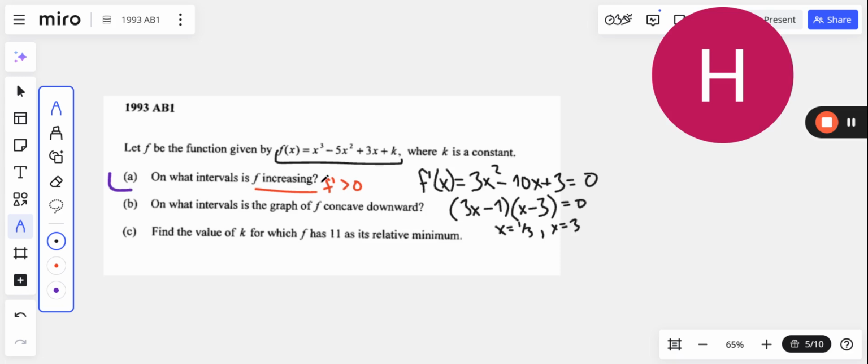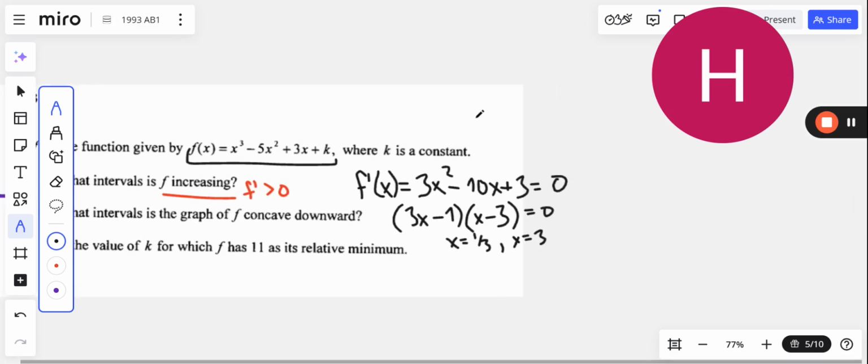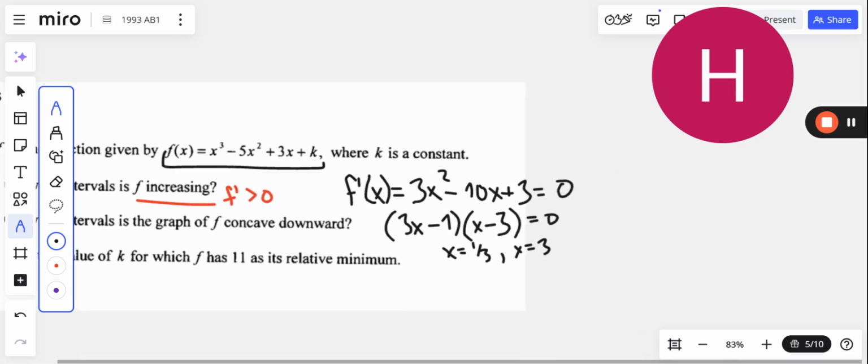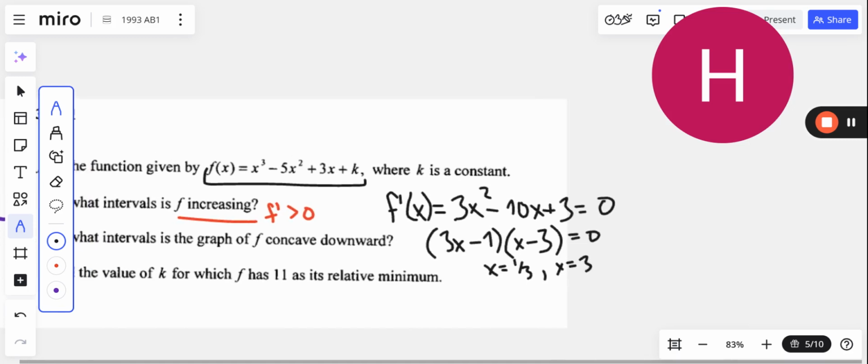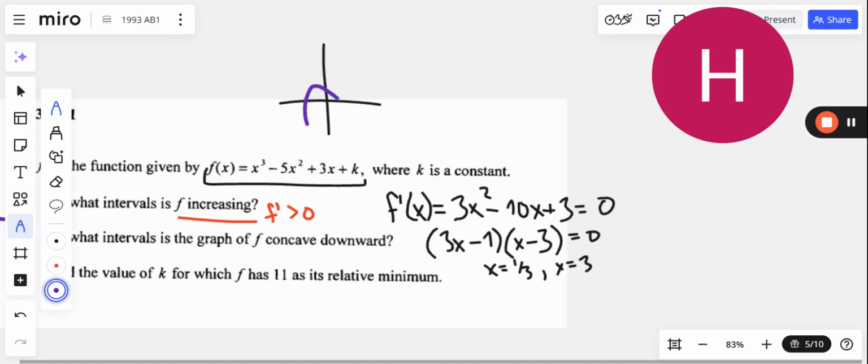However, how do we know when it's increasing? Well, we could use the chart. But it's even easier than the chart, because if you know what the cubic function looks like, it generally looks something like this. Right? The parent function is x cubed, but generally when we have other terms being added or subtracted, we get more of the wavy shape. And so when is this increasing?